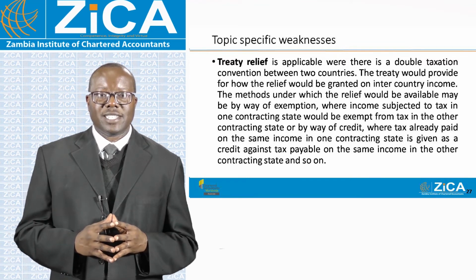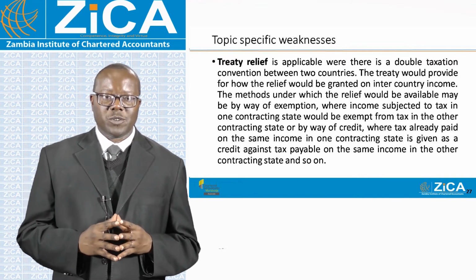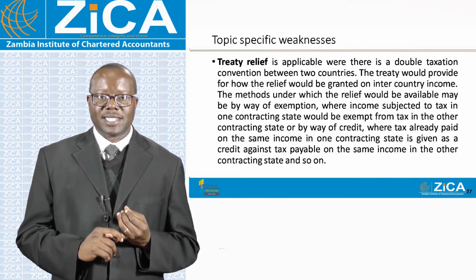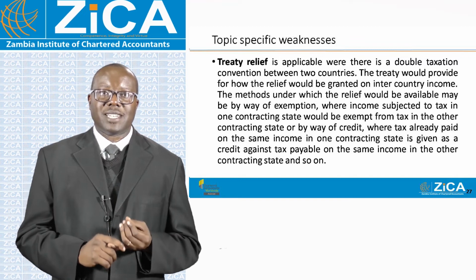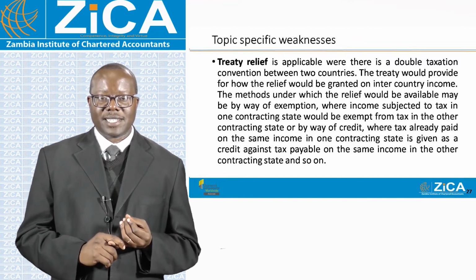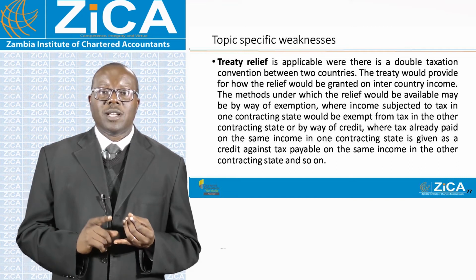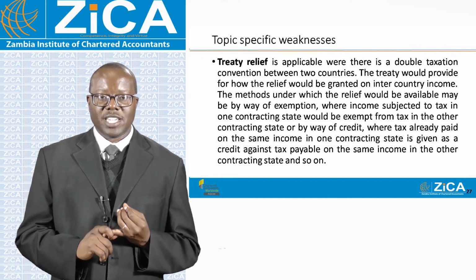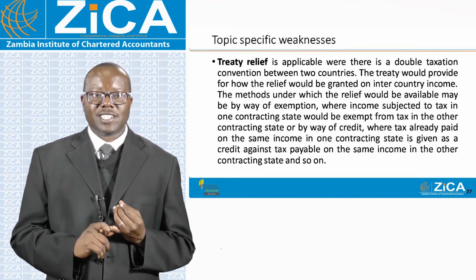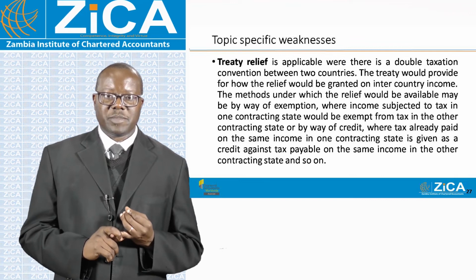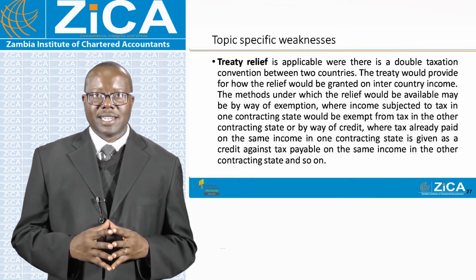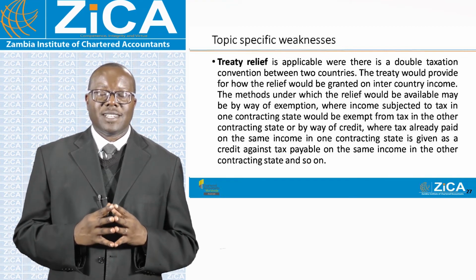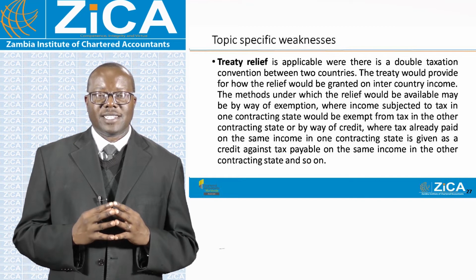The methods under which the relief would be available may be by way of exemption, where income subjected to tax in one contracting state would be exempt from tax in another contracting state, or by way of credit, where tax already paid on the same income in one contracting state is given as a credit against tax payable on the same income in another contracting state. Those are just examples of how treaty relief is given.